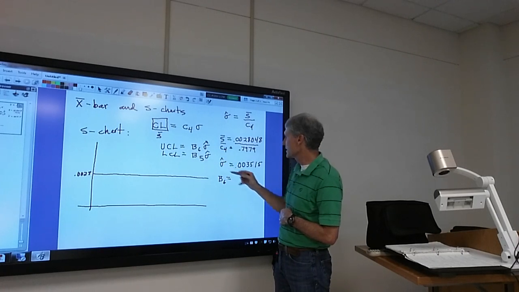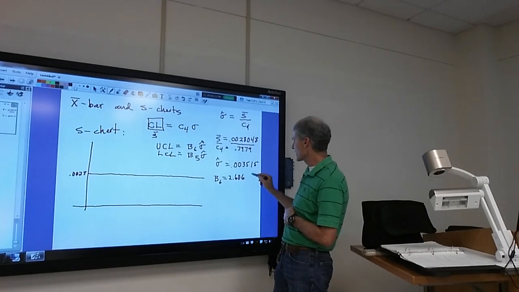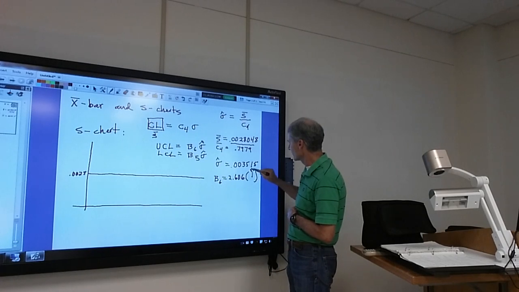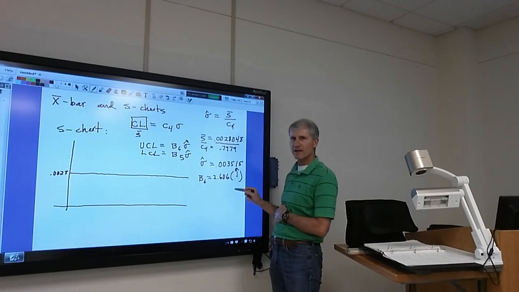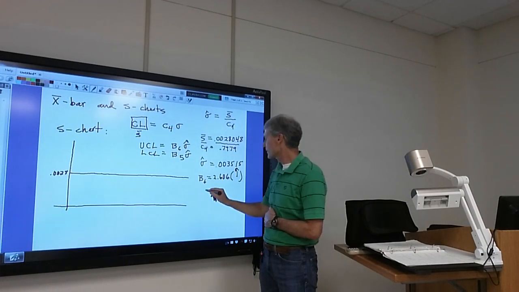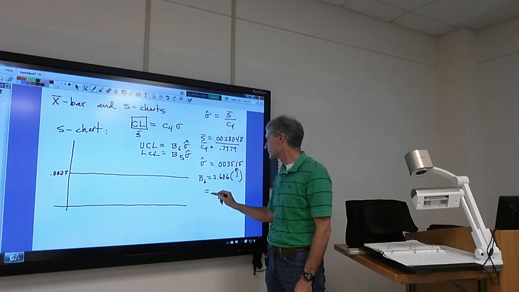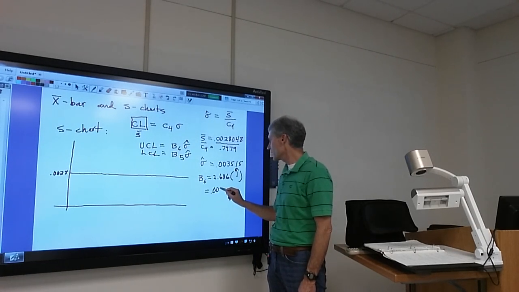But B6 is 2.606, did I remember that right? Times sigma hat. Since I don't have room to write it in there, I just put a little arrow. So tell me what that works out to be. 0.00916.